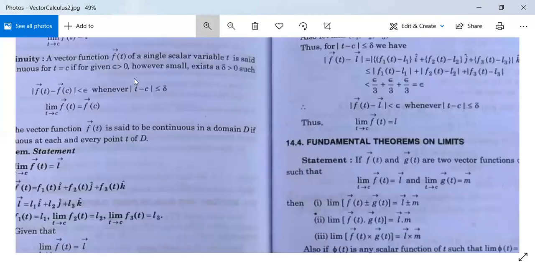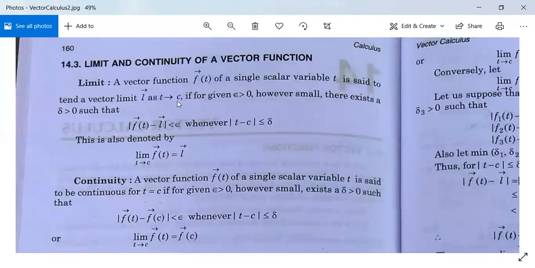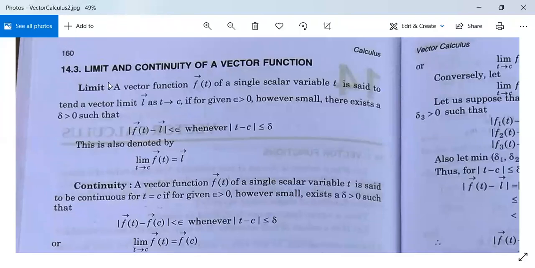Next, there are some concepts. Limit and continuity of a vector function. Just as we have studied limit and continuity of a real function, similarly, we have limit and continuity of a vector function. See here its definition. Limit.